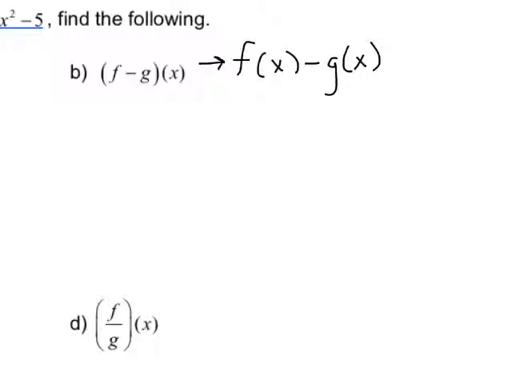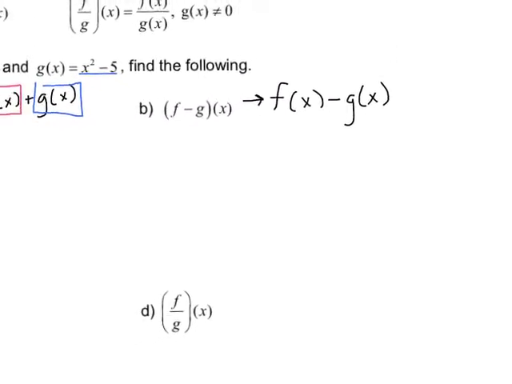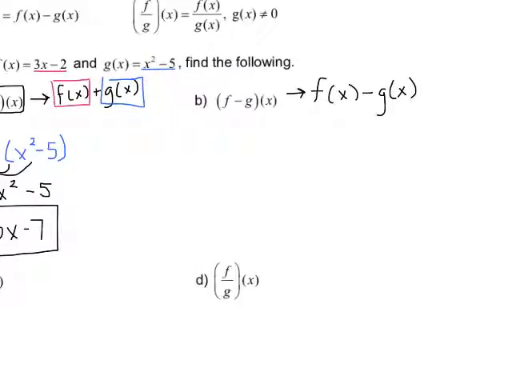So your f function is 3x minus 2, and I'm going to subtract my g function, so that's x squared minus 5.